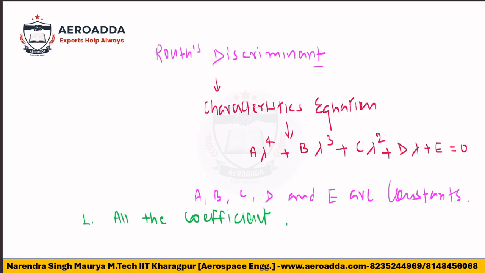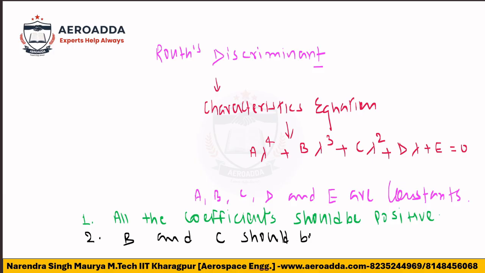Number one, all the coefficients should be positive. Number two, B and C should be greater than D and E. Check it.